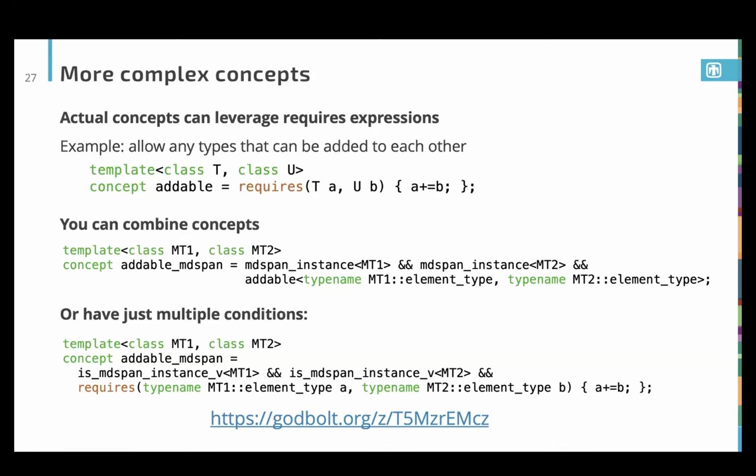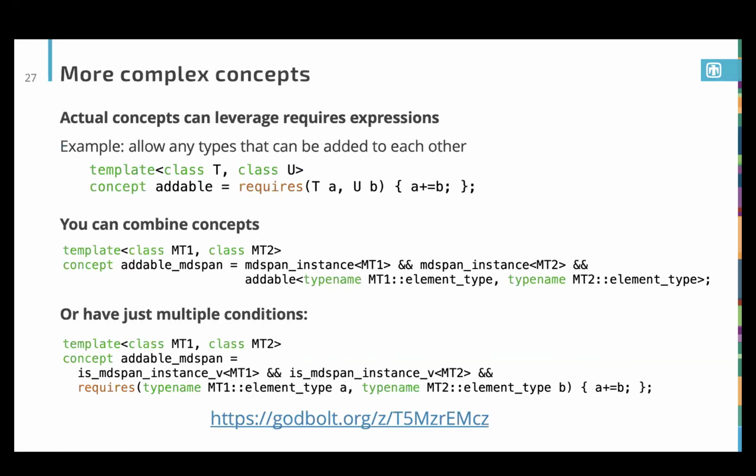Both of them need to be mdspan instances, and the element types themselves are addable. I can do that also with multiple conditions. I could have built that individually instead of recursively via the already existing concept.